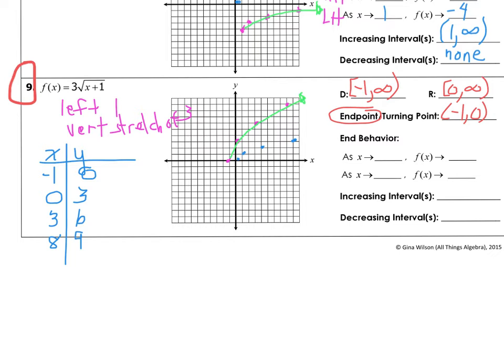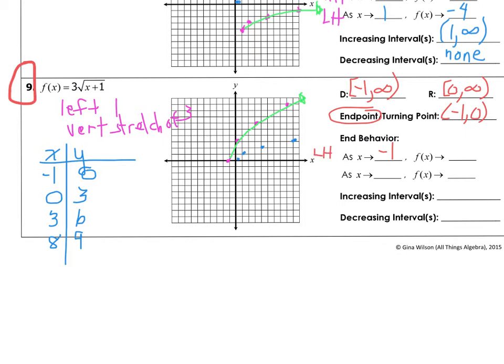Okay, so then let's look at our end behavior. And notice our end behavior we can get from these. So my left-hand behavior is the left-hand side of my domain and range. Even without looking at the graph, I can actually write that down. So my end behavior, the left-hand side of my domain, as x approaches -1, your y value, so look at your leftmost y value. Oh, this is going to be left-hand behavior because I started on the left this time.